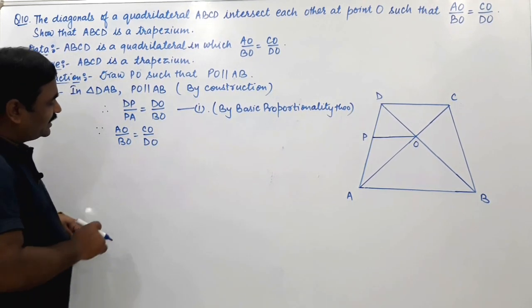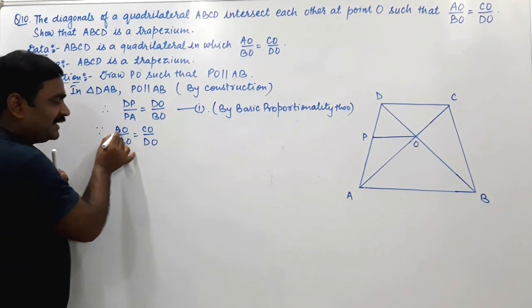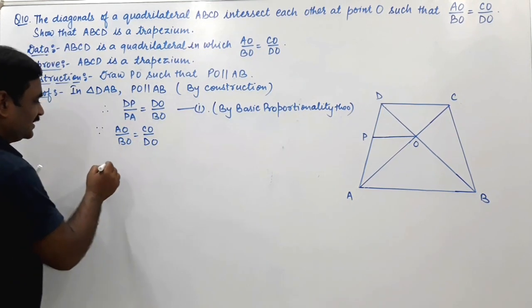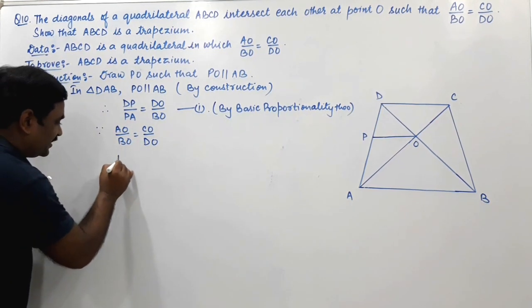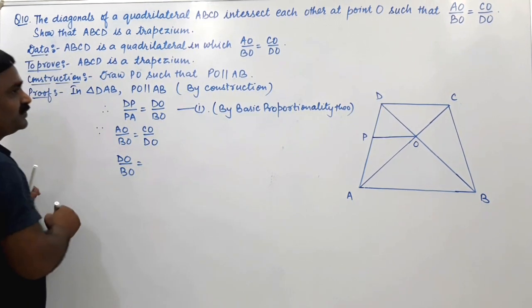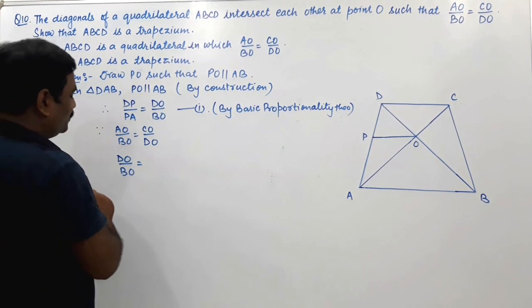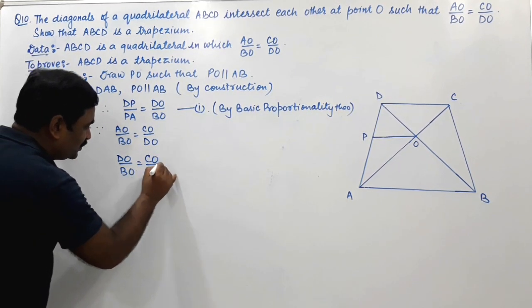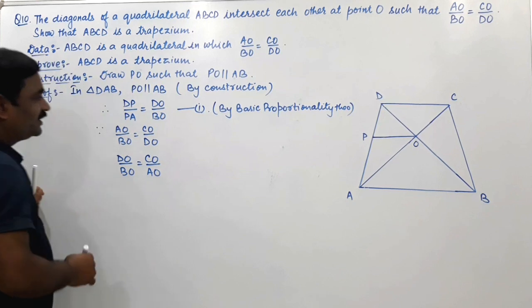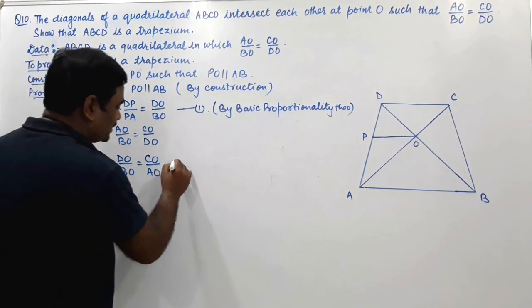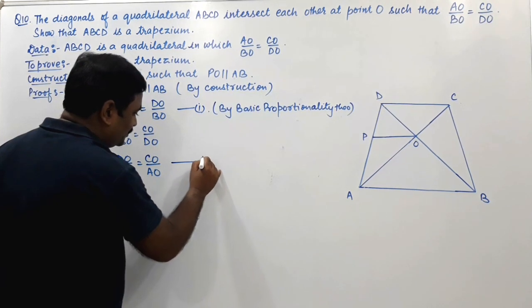So इस पे हम क्या करते हैं, this DO we can bring at the place of AO and AO you have to bring there at the place of DO. इसको interchange कर देते हैं. So it can be written as DO upon BO equals CO upon AO, right? Say this is equation number 2.